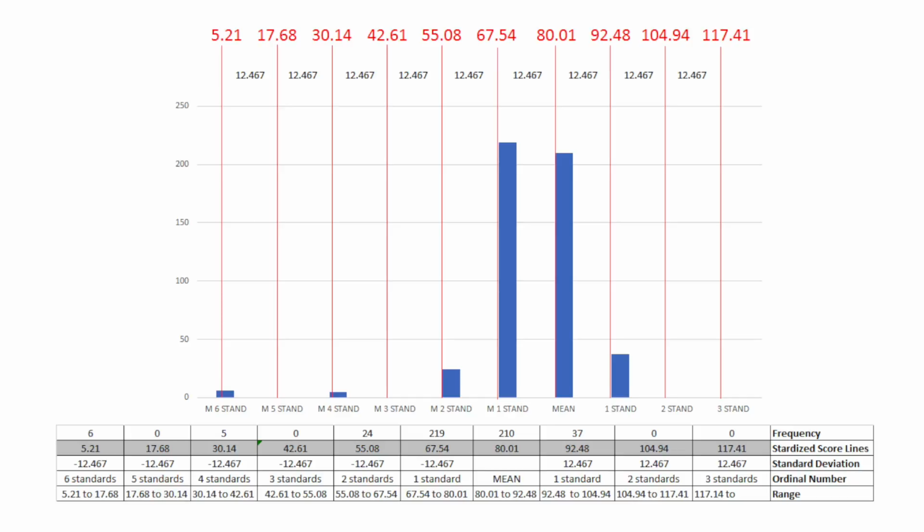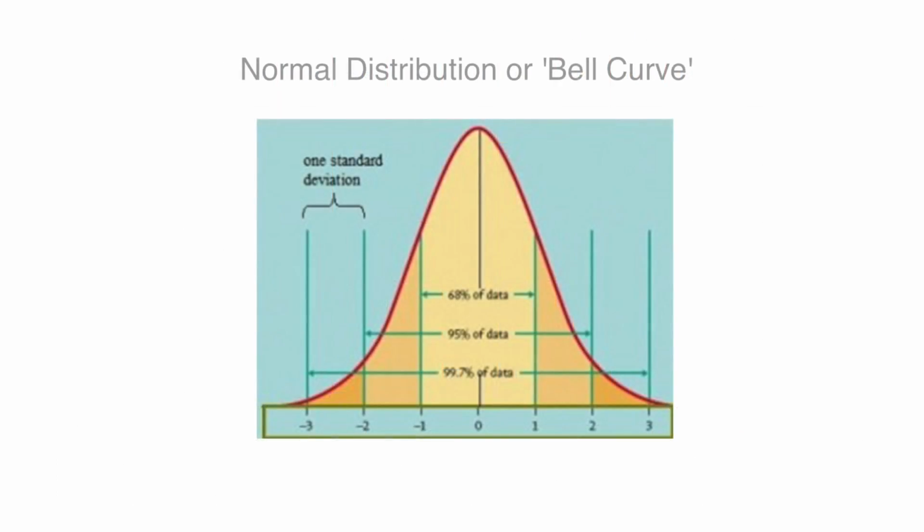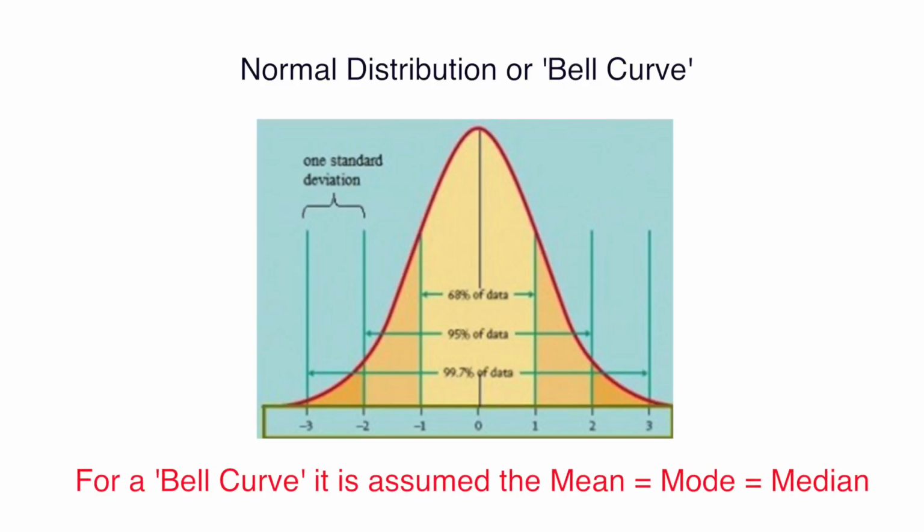Social scientists call it the bell curve, and physicists call it the Gaussian curve. These curves only have one peak, and this peak is equal to the mean, mode, and median. By that we mean all three are the same number or the same value in a normal distribution.